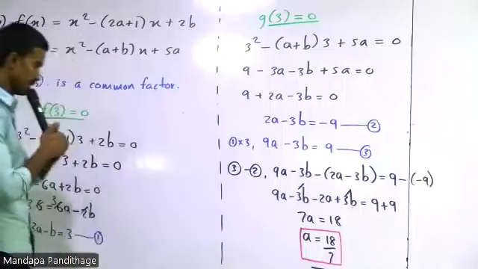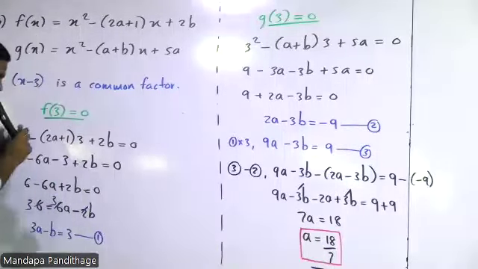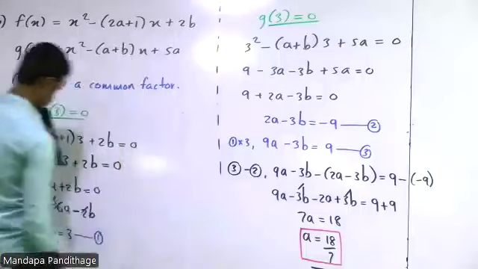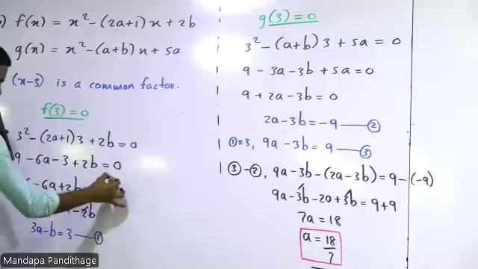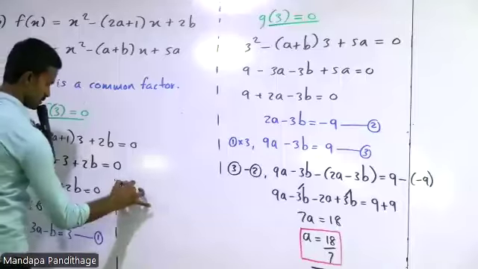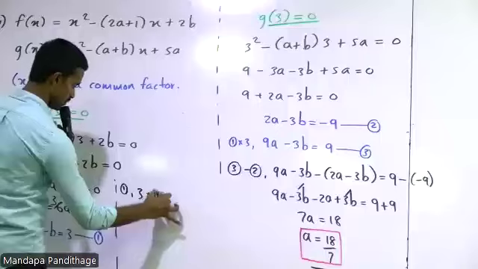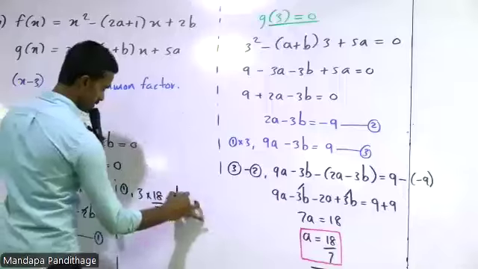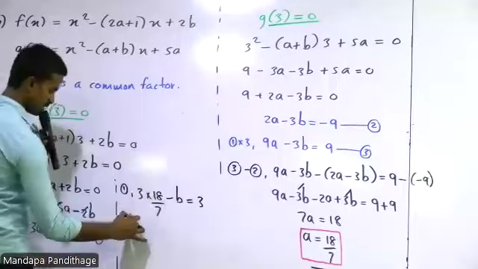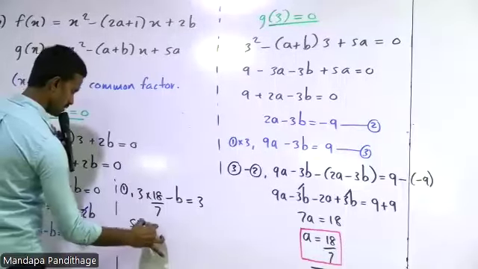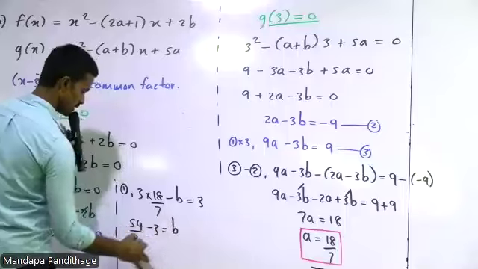So when a is equal to 18 over 7, you can find b. Let's substitute in this one. 3 into a is 18 over 7, minus b is 3. So 54 over 7 minus 3 is equal to b.